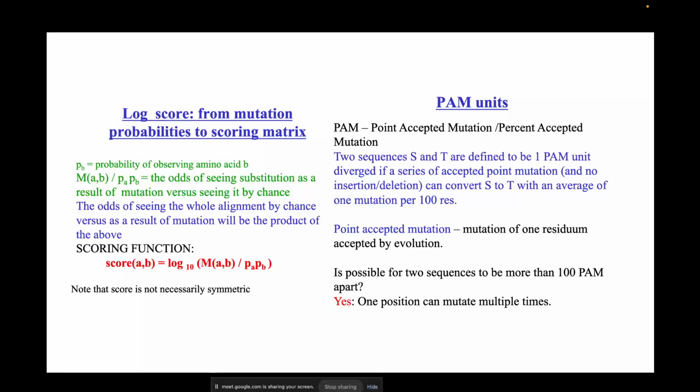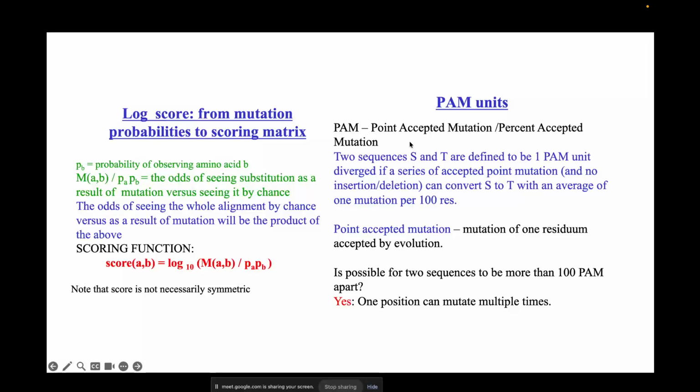If you want the odds of seeing the whole alignment, it is given as a product of this thing in a log format. I'm not going into the mathematical details, but in predefined scoring matrices like PAM and BLOSUM, the scoring function looks something like this. This is how the score is calculated based on probabilistic values.